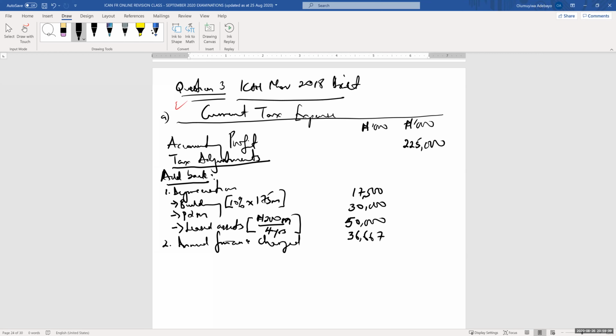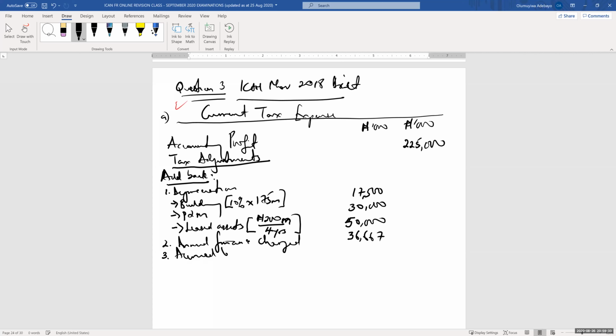The other aspect is interest payable. Interest payable means you have accrued for interest and it has not been paid. And from this position, we are told that interest expense is only allowed on a cash basis, which then means that since it's not yet paid, it is disallowed, it's added back.